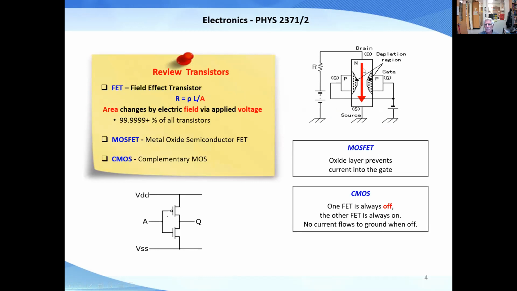Here's a picture over here, and it operates simply to close the cross-sectional area between the source and the drain. So it uses the PN junction effect, but all you're doing is changing the cross-sectional area. Very simple, very physical.